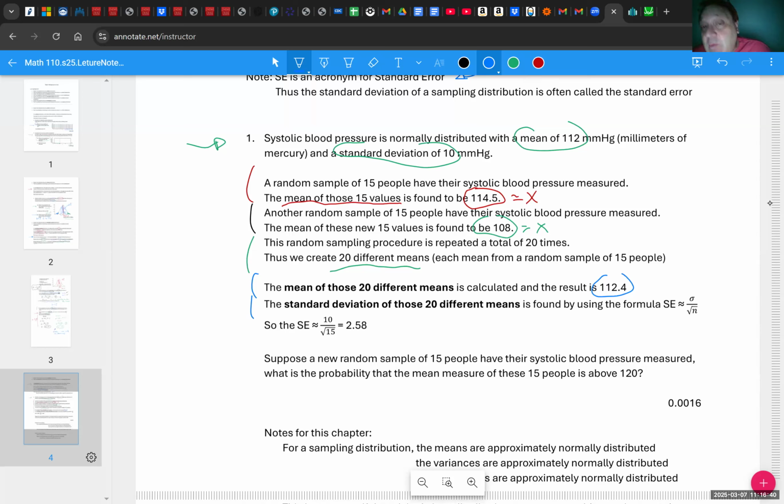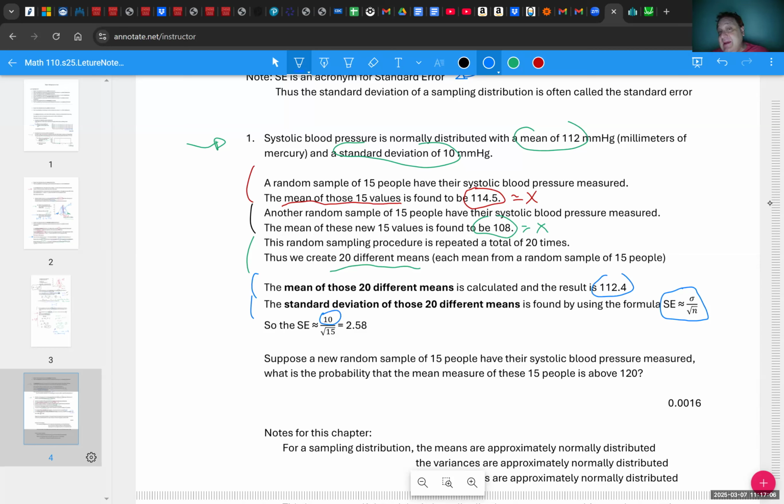Suppose we take the standard deviation of those 20 different means. Well, it turns out we actually don't need to do all the calculations because we have this beautiful formula that the standard deviation of the sampling distribution is always approximately sigma over root n. Sigma is the population or the original standard deviation, which we know is 10. So that's the 10 here.